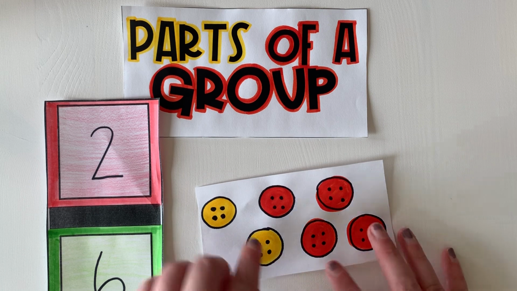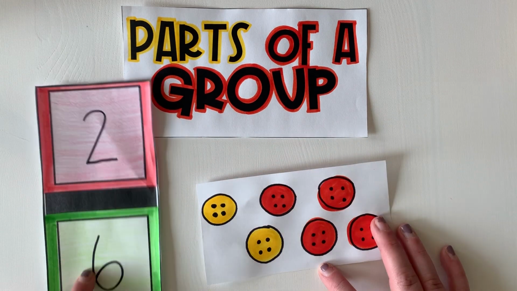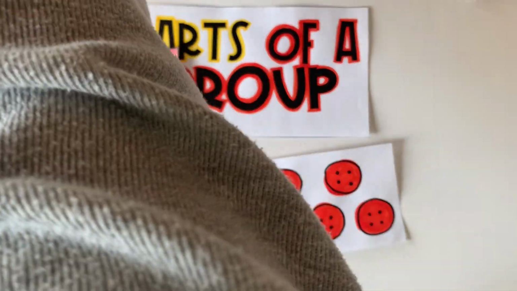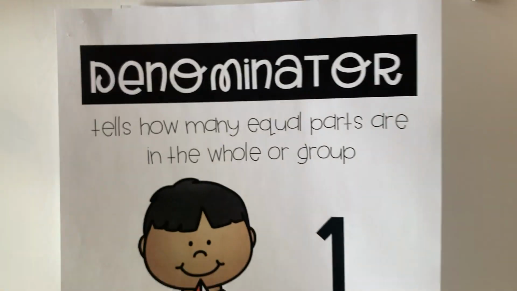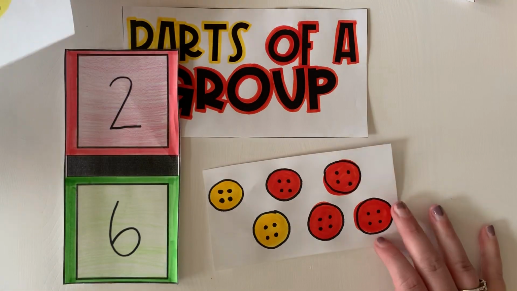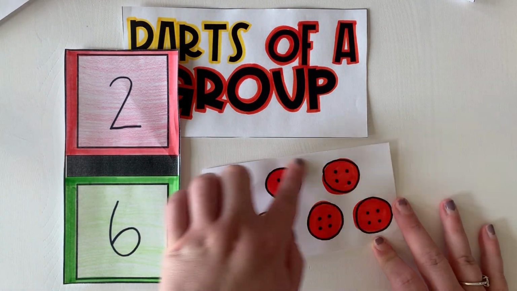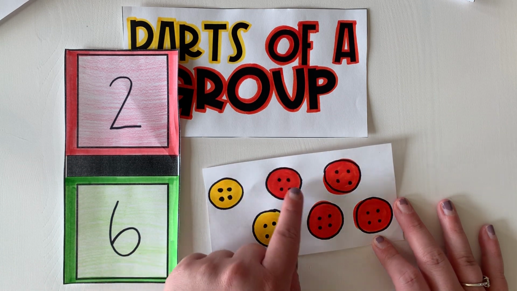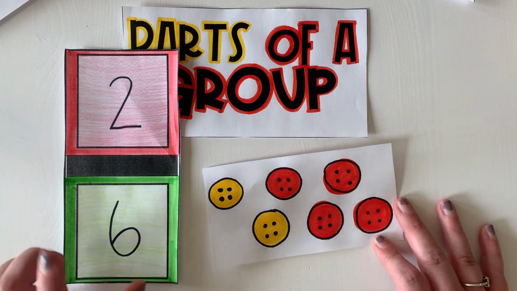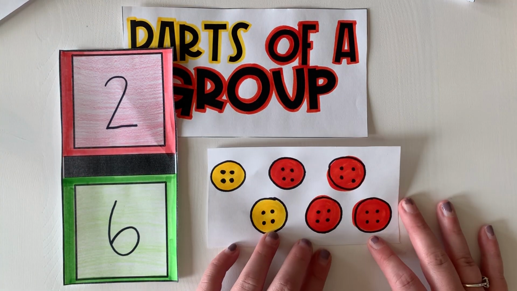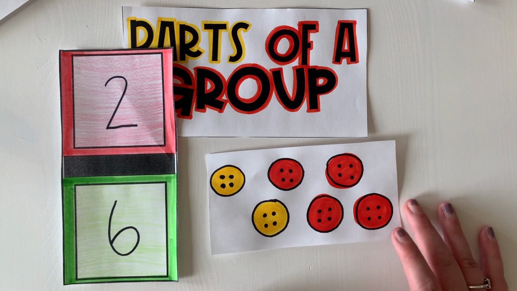I'm not just counting 2 and then 1, 2, 3, 4 for the bottom, because remember, the definition says the denominator is how many equal parts are in the whole or group. So I need to count the whole thing. So I have 2 yellow buttons out of 1, 2, 3, 4, 5, 6 buttons. So 2/6 are colored in yellow.